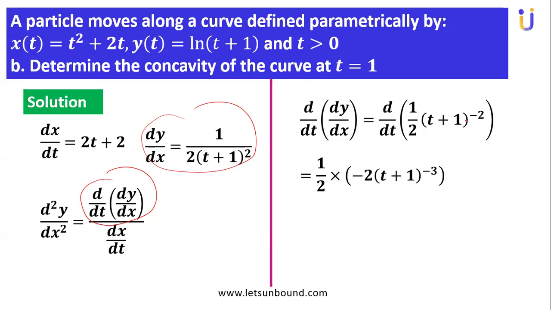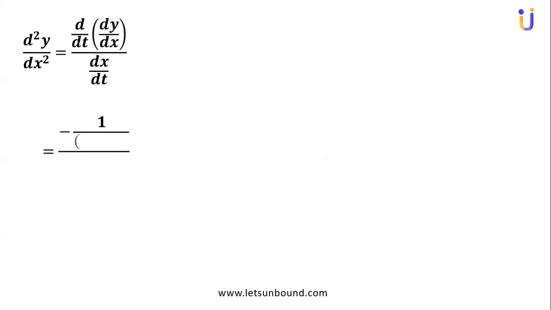Here we can apply the chain rule. So minus 2, you apply the power rule, and you get this. Then after simplifying, and dx by dt, you can plug in. So that's the next step. We are just replacing the known expressions into the d squared y by dx squared, right? And again, simplify.